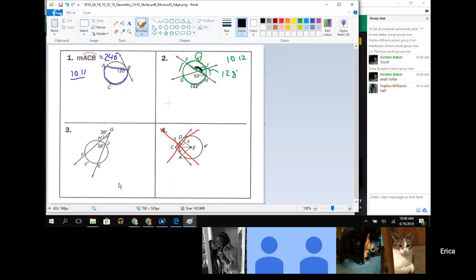All right. So 128 degrees, right? My angle that's formed is equal to 1/2 times the measure of arc FJ plus the measure of arc GH.